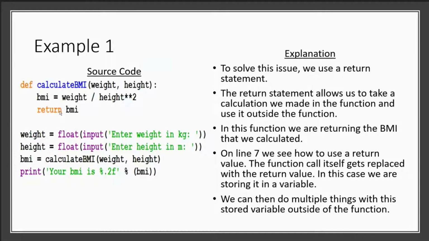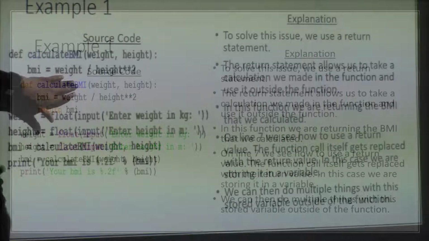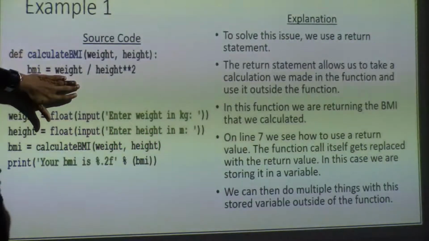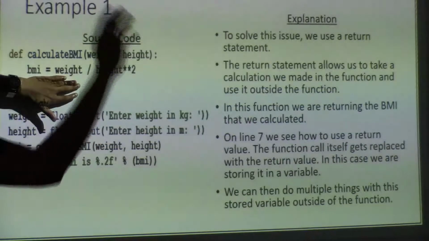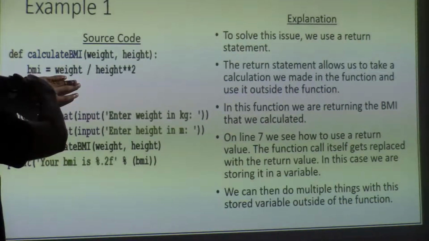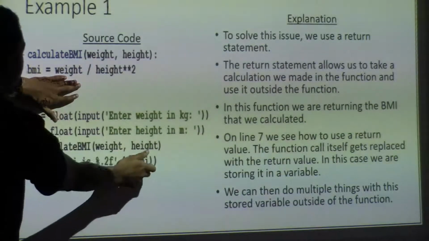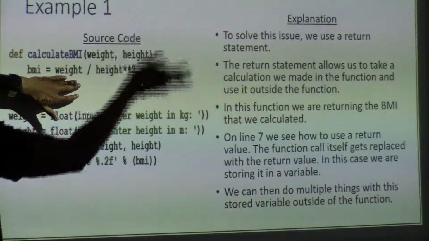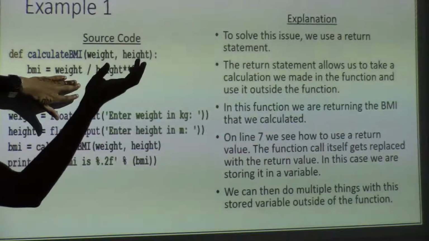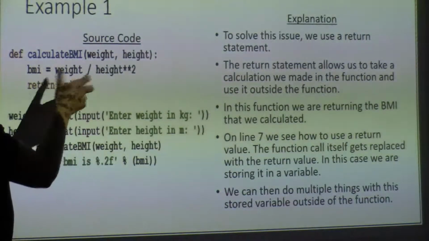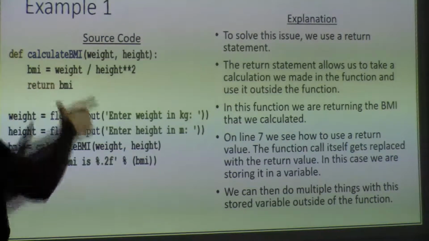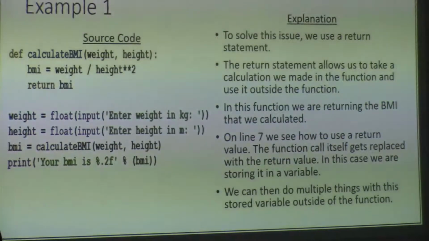let's say we didn't have this line, and then I wanted to print out my BMI. I will get an error. Everybody agrees that I will get an error. I'll get an error because BMI is a local variable, and we'll be looking somewhere in our program for a global variable, and we won't find it. But with this return BMI, we have now saved the answer as a value we can use. Now, to be able to use this, we have to do one more step.